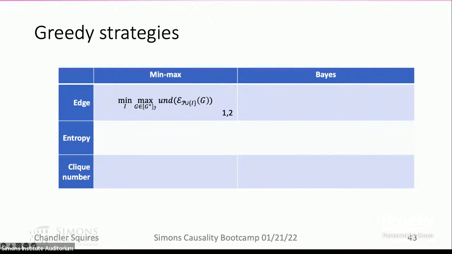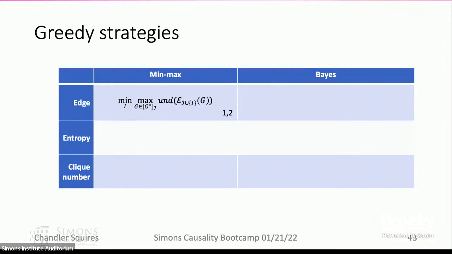I didn't write the quantification over which interventions we might be choosing from, because that would vary from algorithm to algorithm or setting to setting. And you're trying to get rid of as much uncertainty as possible. So you're trying to minimize the number of undirected edges.